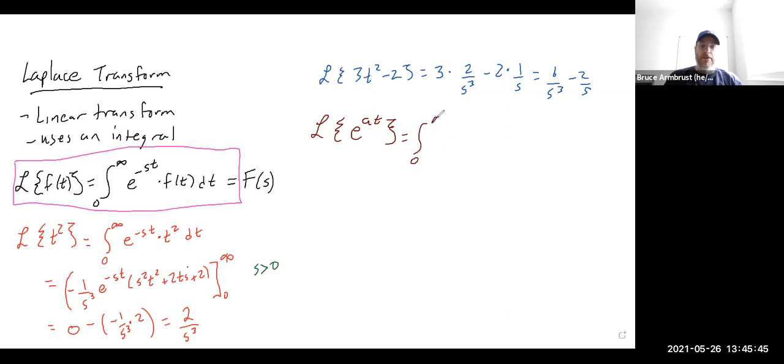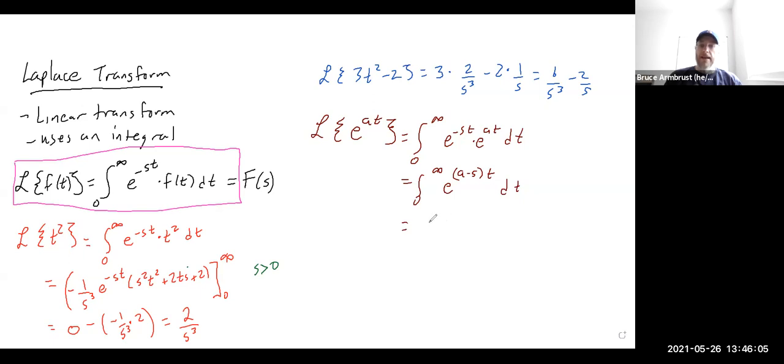Okay, great. So that's the integral from 0 to infinity of e to the minus st times e to the at. If I combine, I get e to the (a minus s) times t.